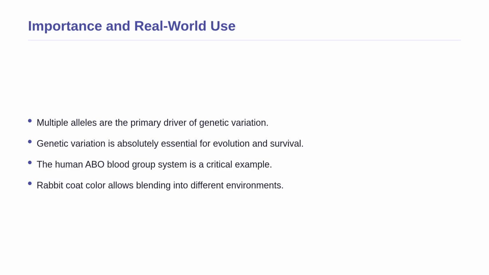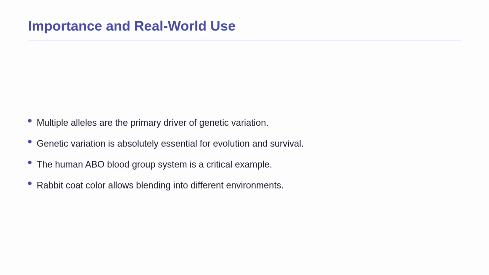Understanding this population-level diversity leads us to ask, why does this matter so much? First and foremost, multiple alleles are the primary driver of genetic variation within a species, which is absolutely essential for evolution and survival. If every gene only had 2 versions, populations would be highly vulnerable to diseases and environmental changes.